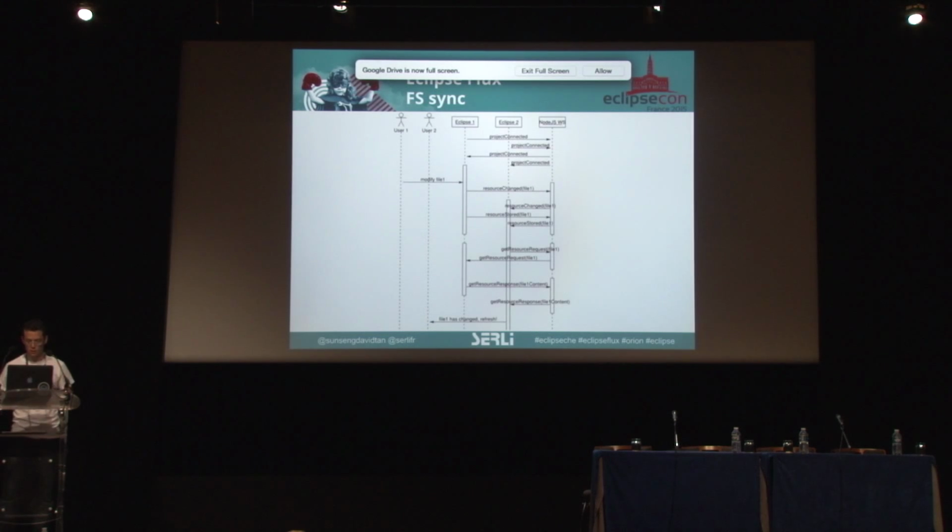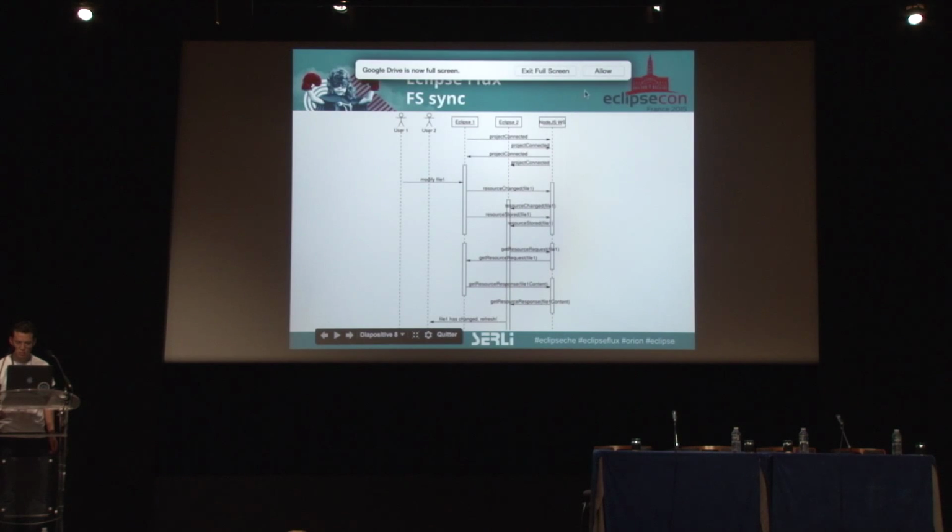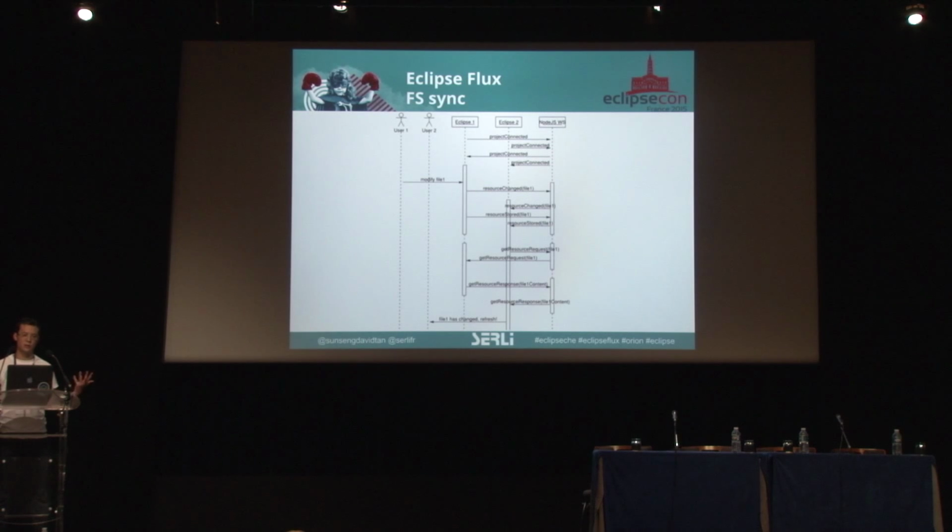This is a diagram which shows you the file system synchronization. There are two Eclipse instances which will share the same file system. The idea is to synchronize the file system pretty much like Dropbox.